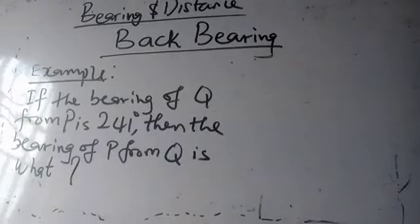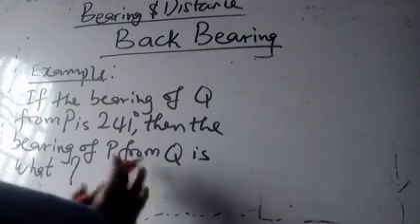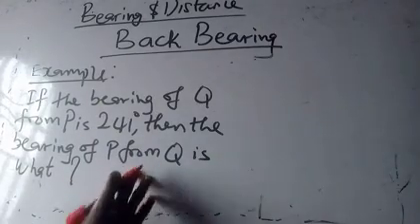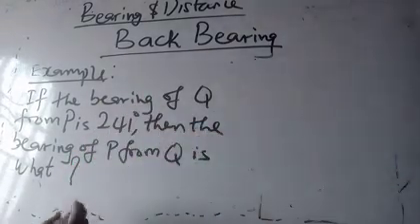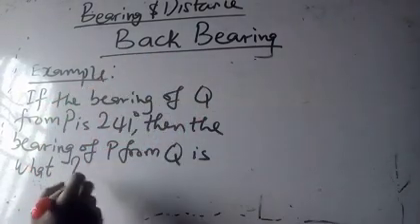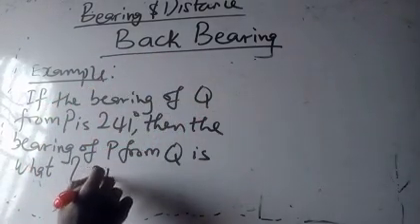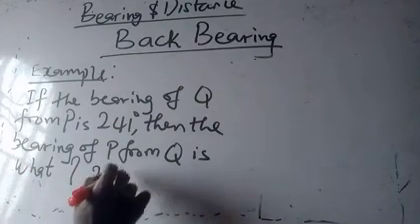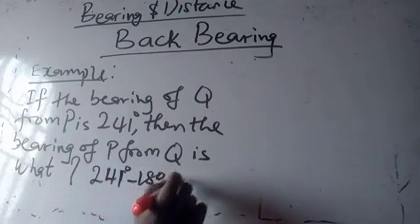So let us sketch it using a diagram. When the angle given is greater than 180, we deduct 180 from it, and we got 61 degrees.